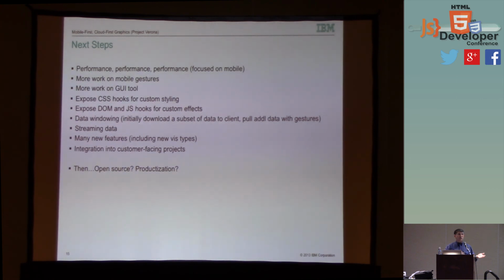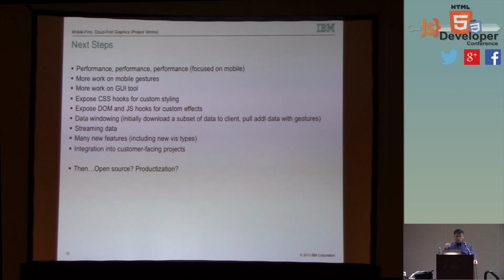One of the guys is full-time on ensuring that on mobile, even with large-size data, we have fast performance. That's in parallel with mobile gestures. We'll try to finish up the work on the GUI tool, adding the CSS and custom JavaScript.